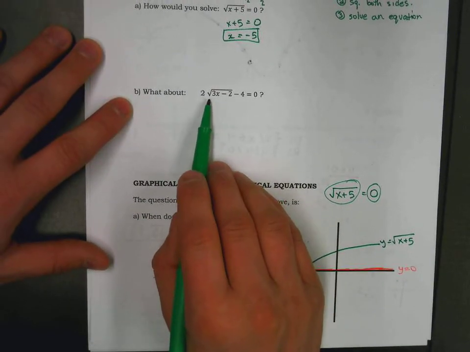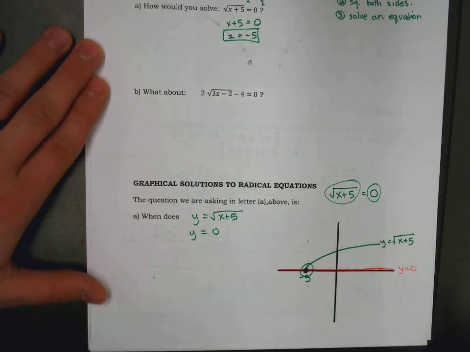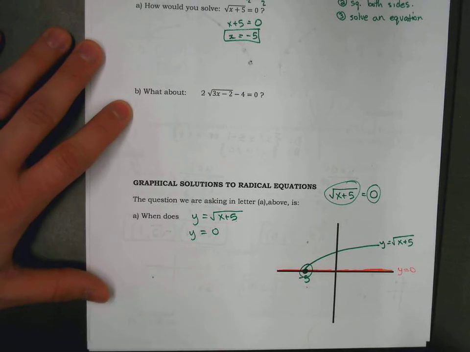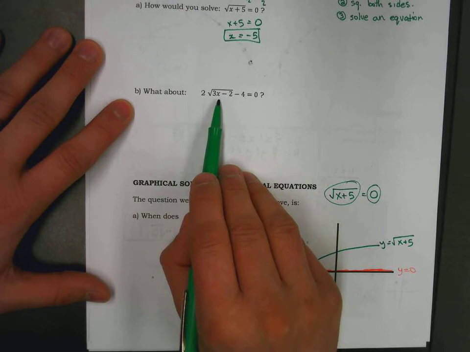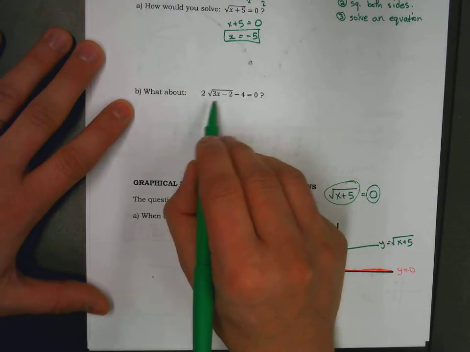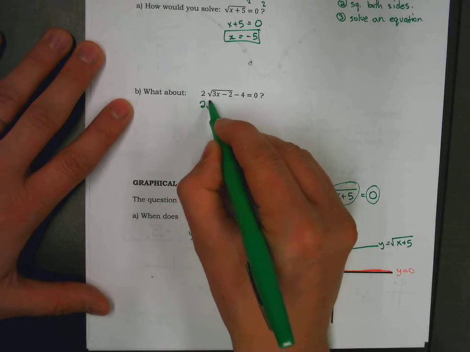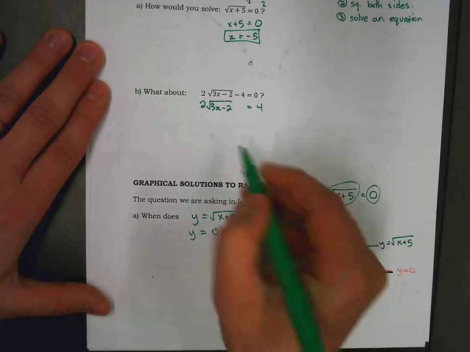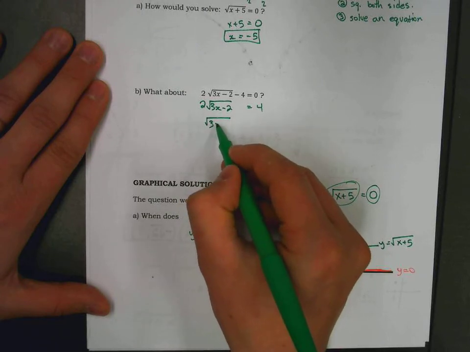So how about a case like 2 times the square root of 3x minus 2, minus 4? When does that equal 0? Well, if we were to approach this last year, we would use opposite operations and solve for x. It's a little bit challenging to guess and check this one. So let's start with some opposite operations and add a 4 to the right side. We could divide both sides by 2.